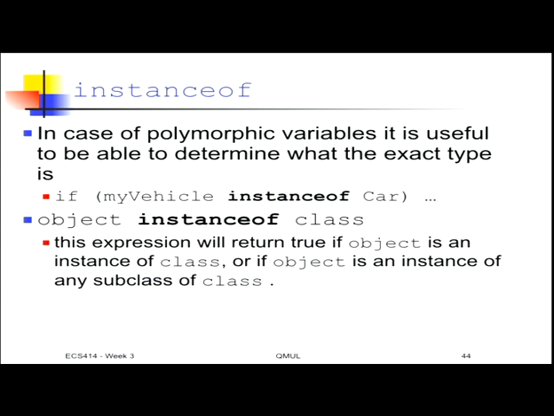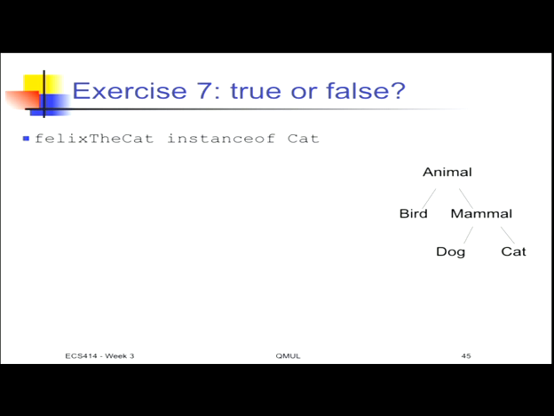Okay? So for example, if I have Felix the cat instanceof cat, would this be true? Yeah, if Felix the cat was declared of type cat, it would be true. Felix the cat instanceof animal, true or false?